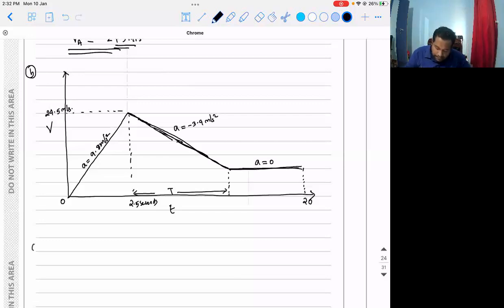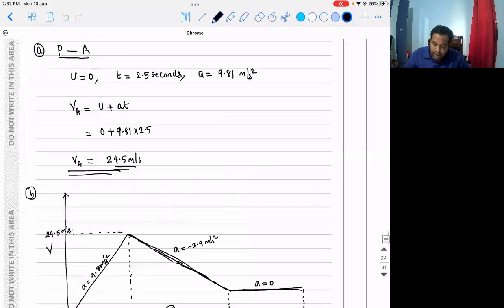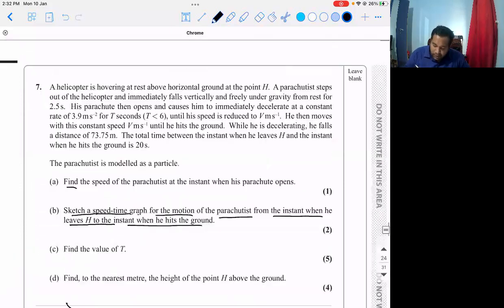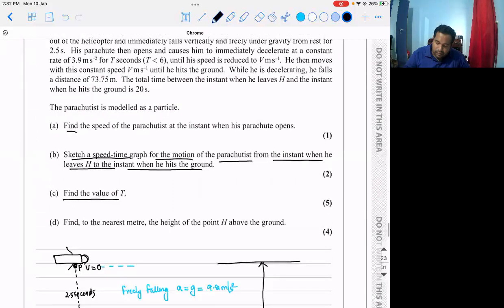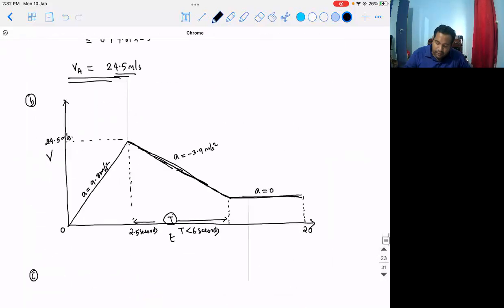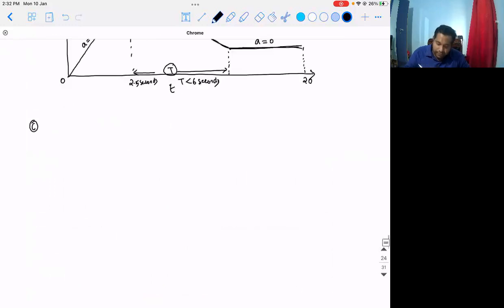Now move to the C part. It is given that this t is less than 6 seconds, right? Here we are in a position to find the value of t. How are we going to find it?